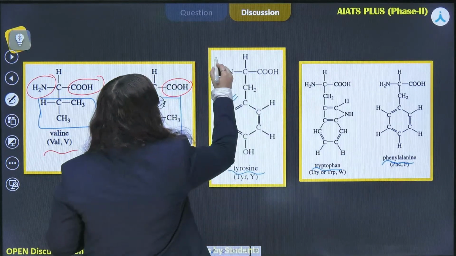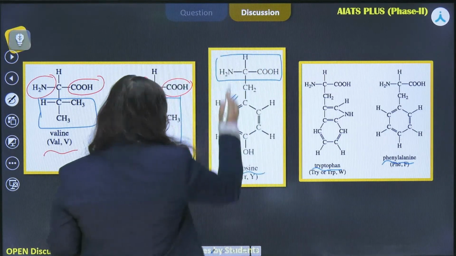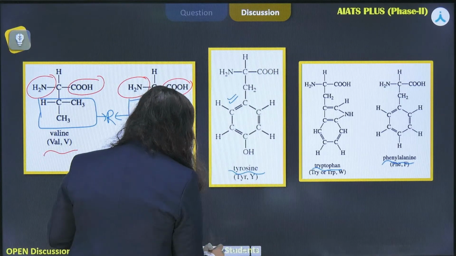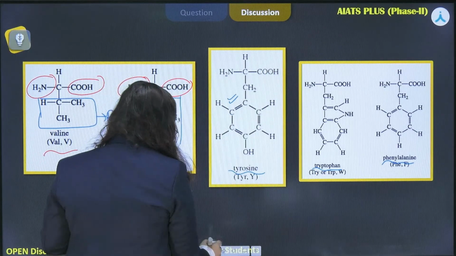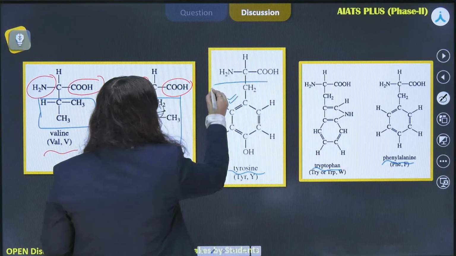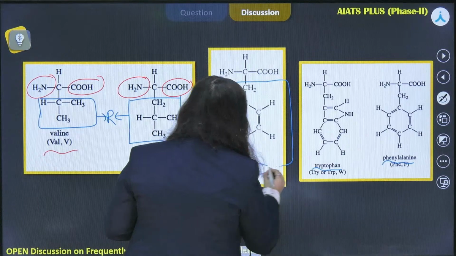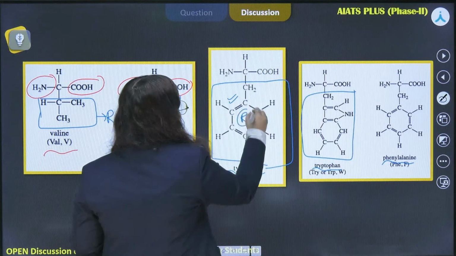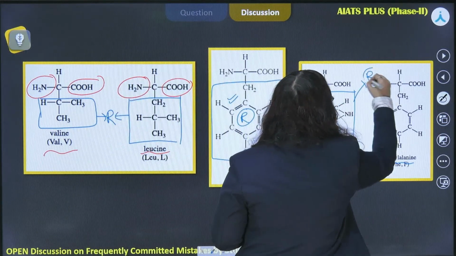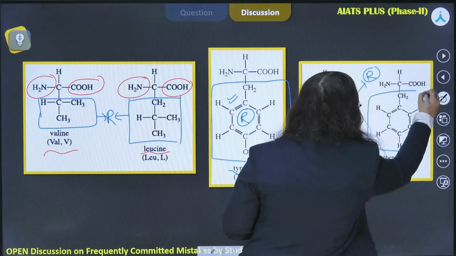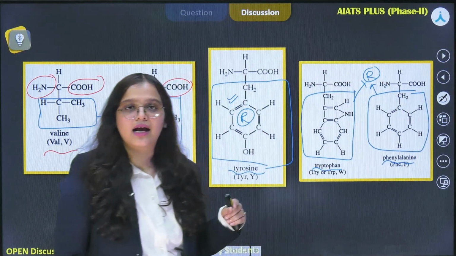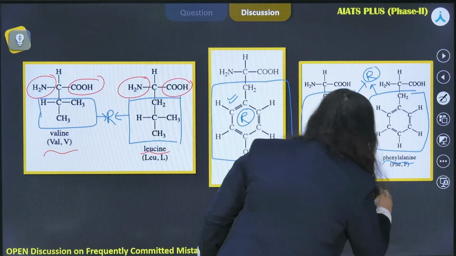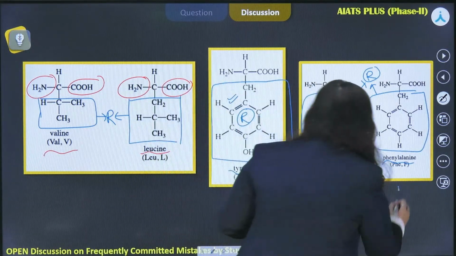So we say that along with this straight chain, we have our R group, which is an aromatic group. This is my R group here. Here this is my R group. And my R group in these amino acids are aromatic groups or ring containing groups.